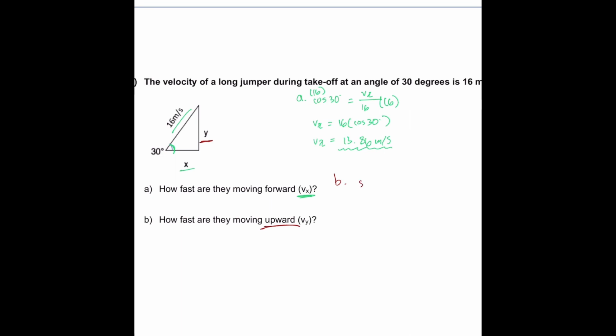So sine of 30 is equal to v of y over 16. Same process, just multiply 16 on each side. So v of y is 16 times sine 30, which gives us a vertical velocity of exactly 8 meters per second.